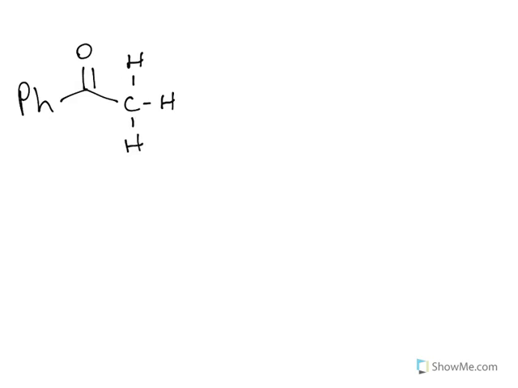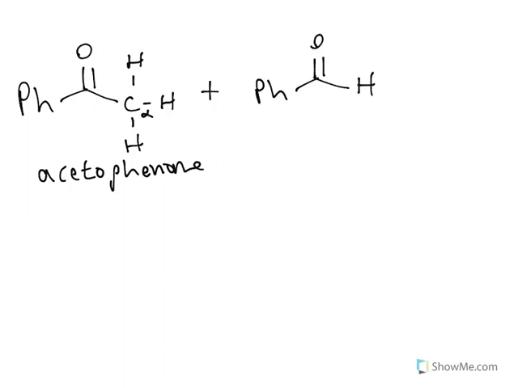And go through the mechanism of this reaction. So this is acetophenone. It's a ketone, and it's enolizable only at that one position, which I'm going to call carbon alpha. And I'm going to react it with the aldehyde, benzaldehyde.